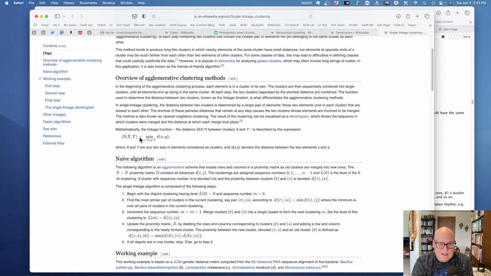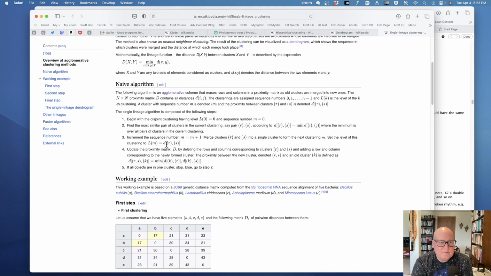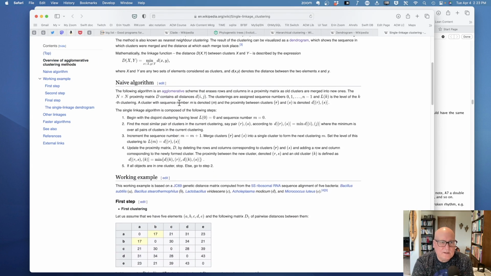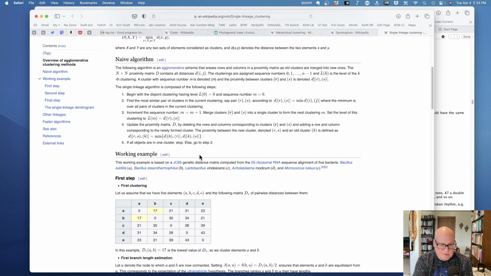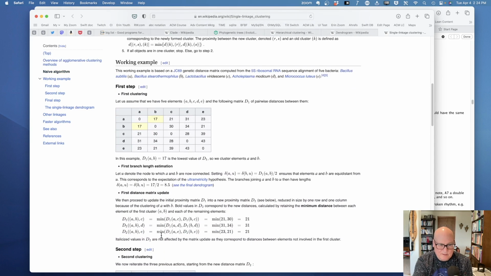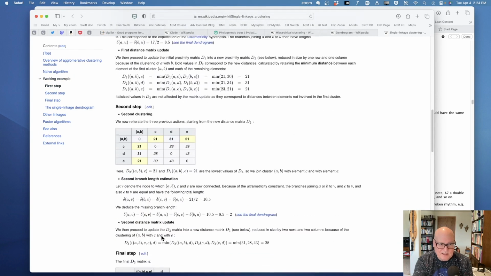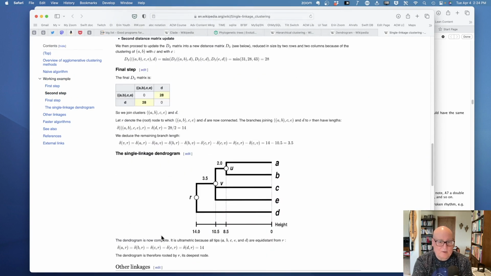Here's a distance function that we're describing between them, and then we run through this algorithm that takes them all into account and builds up a matrix that represents them. Okay, and we haven't gone through the details of this yet, but we will.